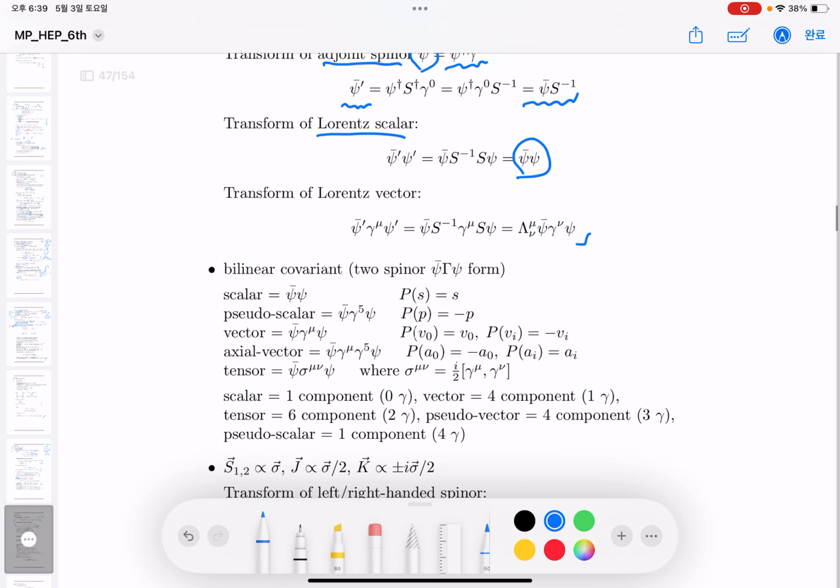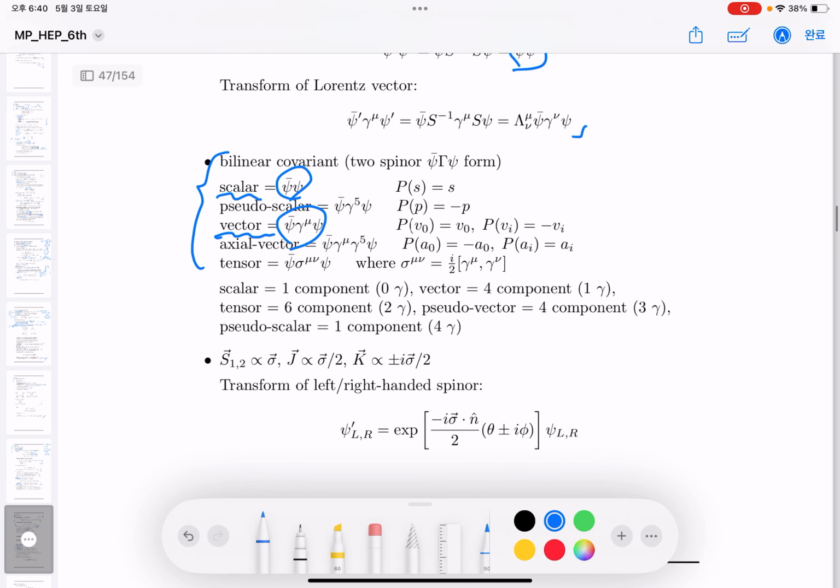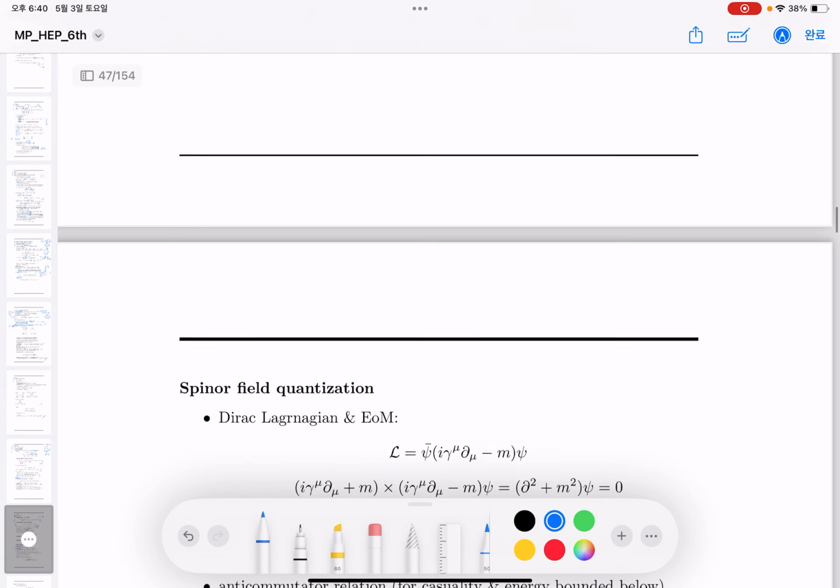So also we can define several quantities by linear covariance as possible objects using the spinors. But we will only discuss psi, psi bar psi, and psi bar gamma mu psi as the Lorentz objects to construct QED. Some of the gamma 5 factors will also be included, but I will not discuss them here.